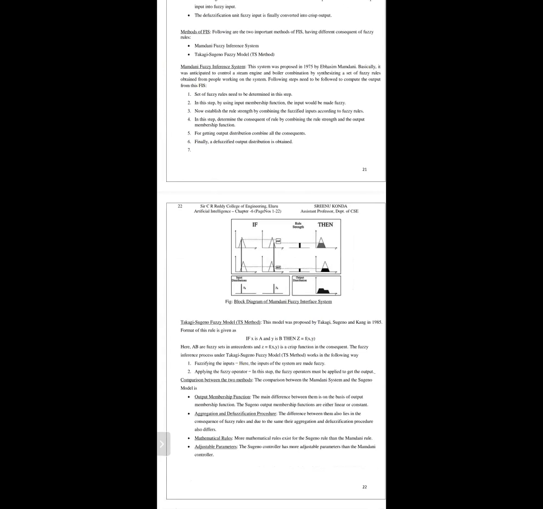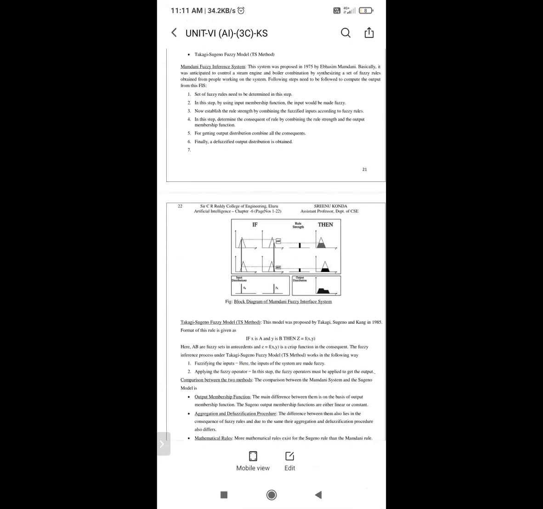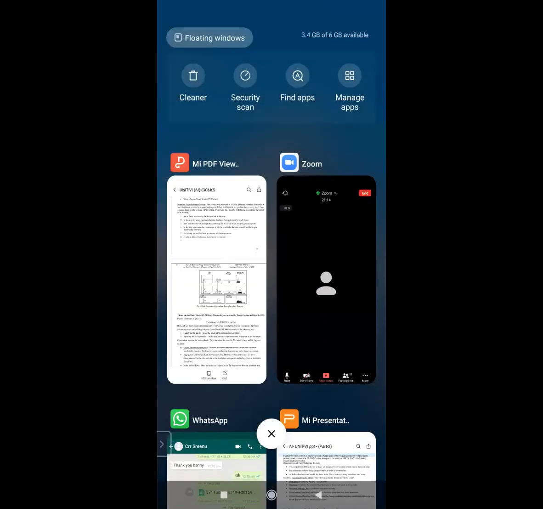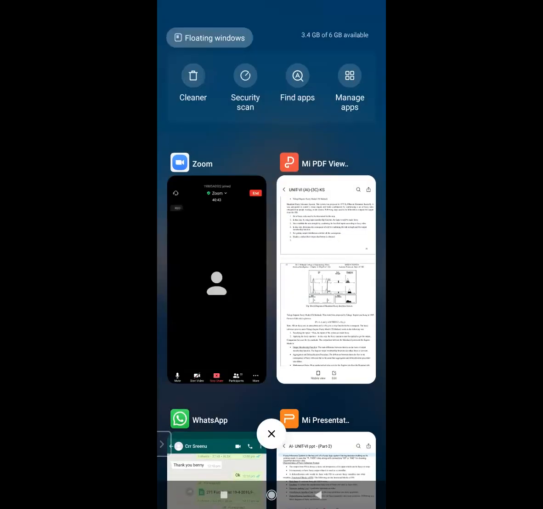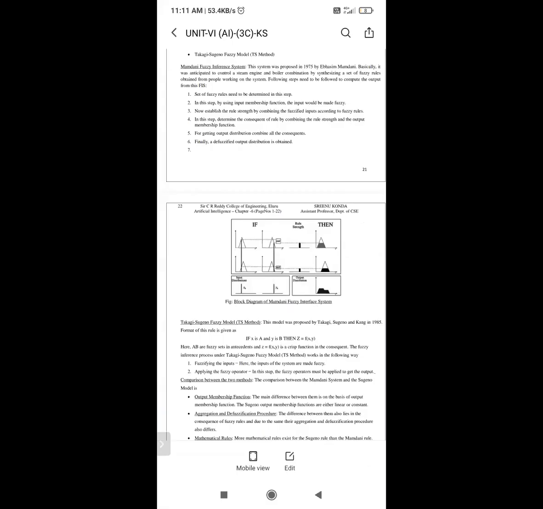Next one is the Takagi-Sugeno fuzzy model, that is the TS method. This particular model was proposed by Takagi, Sugeno and Kang in 1985.